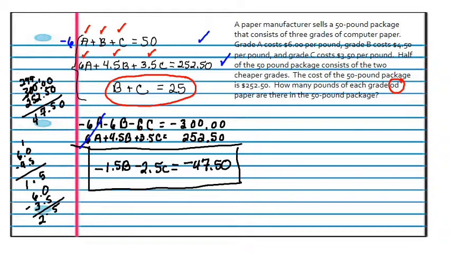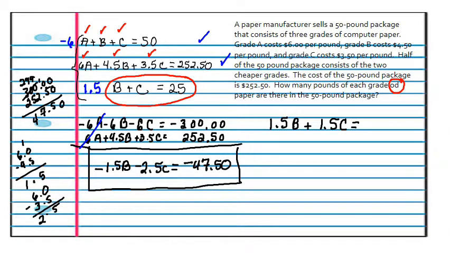Okay, so we have to make these 2 new B C'ers. I already have B plus C, but I have a negative 1.5B sitting here. So what I'm going to do is multiply the top one here by 1.5, and don't worry about it being decimals. I know there's a way to change them, but I never do because decimals are just numbers, so let's play with them. So I have 1.5B plus 1.5C equals 25 times 1.5.